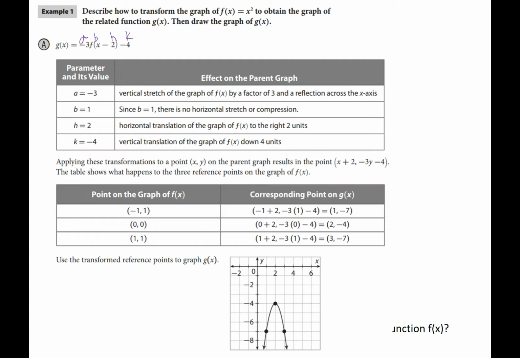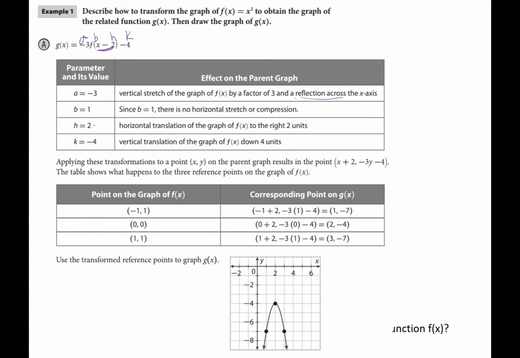So the a value we learned yesterday, it talks about being a vertical stretch. It's a vertical stretch with a factor of 3, and because of the negative in front, we have that reflection across the x-axis. In this case, the b value is 1, so it doesn't have a horizontal stretch or compression. Remember, when you come in or out of these parentheses with the x, that sign changes to the opposite.